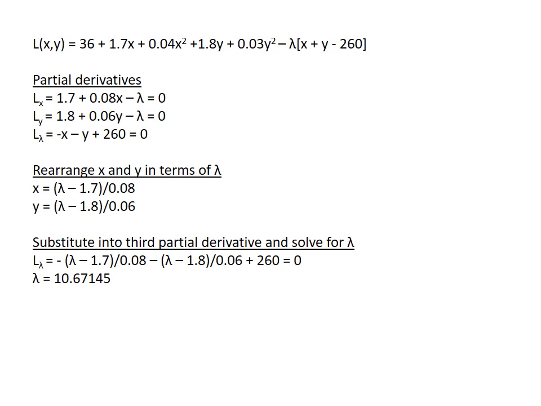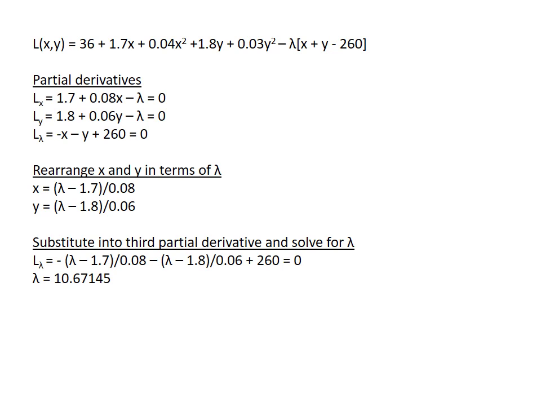So, for example, if we're going to take the partial derivative of this whole equation with respect to x, 36 disappears because the derivative of 36 with respect to x is 0. 1.7x turns into 1.7. 0.04x squared, the derivative of that, is 2 times 0.04x, so 0.08x.